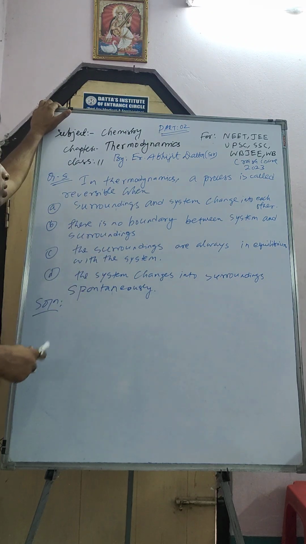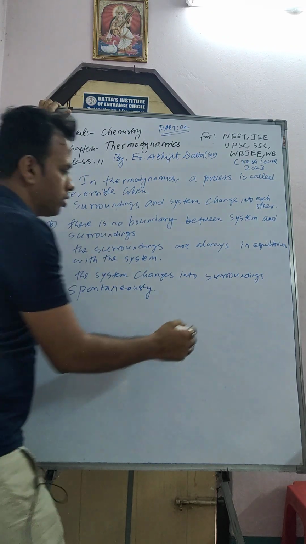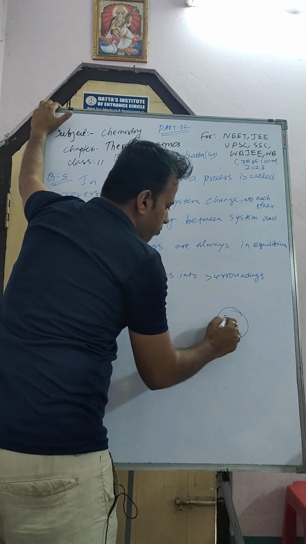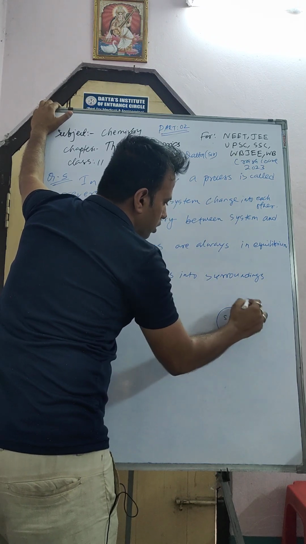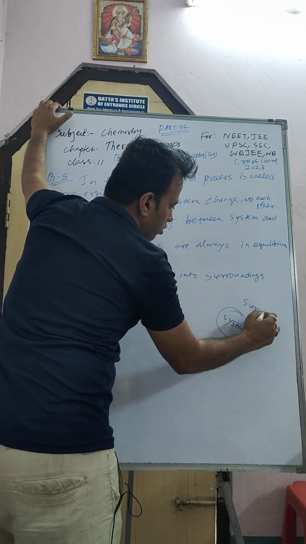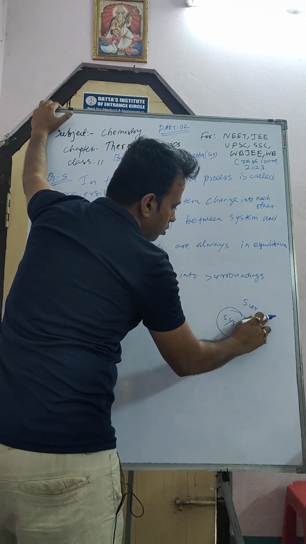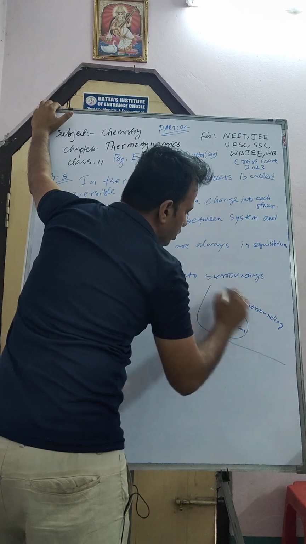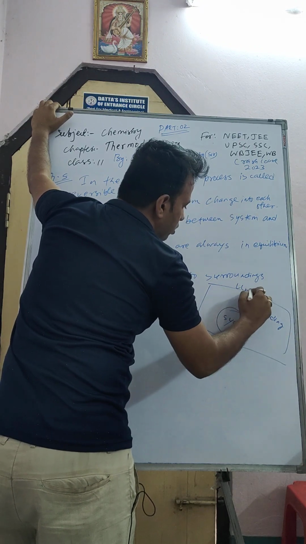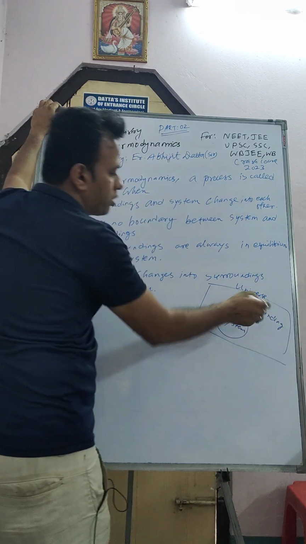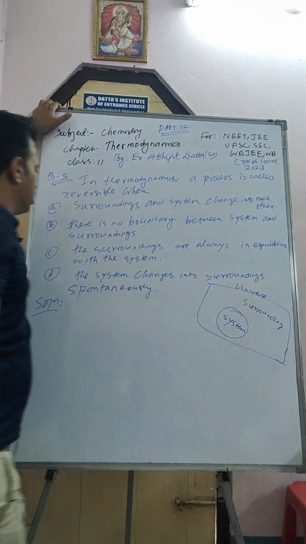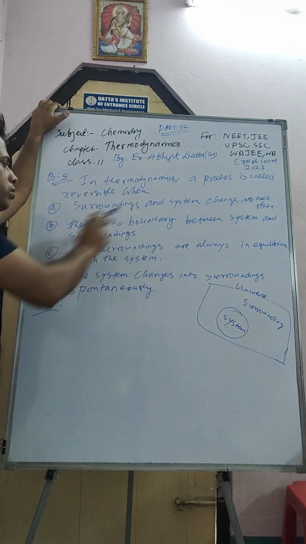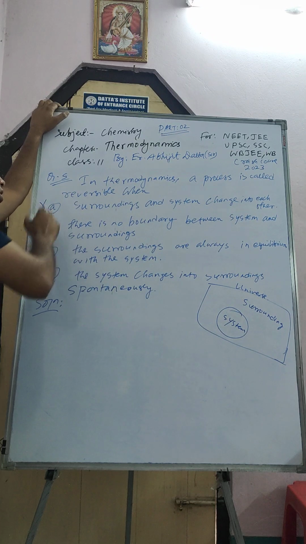So let me introduce this. If this one is the system and this one is the surroundings, and the whole thing is the universe. System plus surroundings is known as the universe.